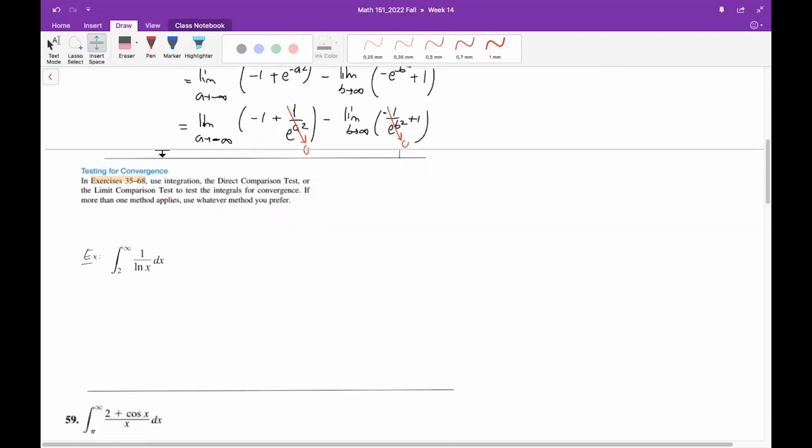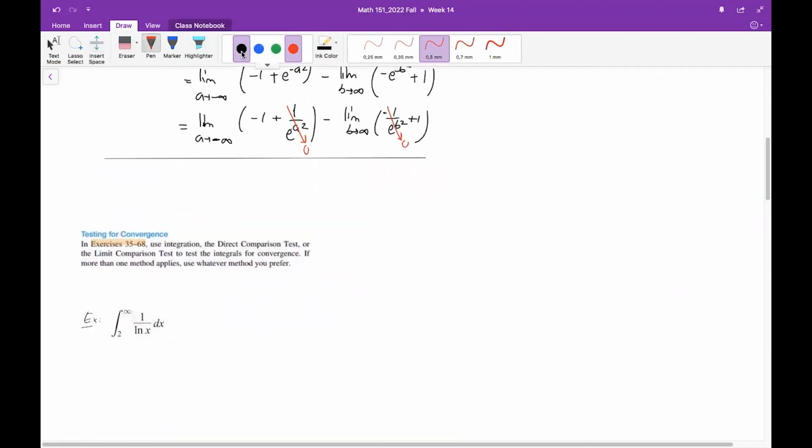Then what do we have as the result? We have minus 1 coming from the first limit and plus 1 coming from here. But there is a minus sign in between.